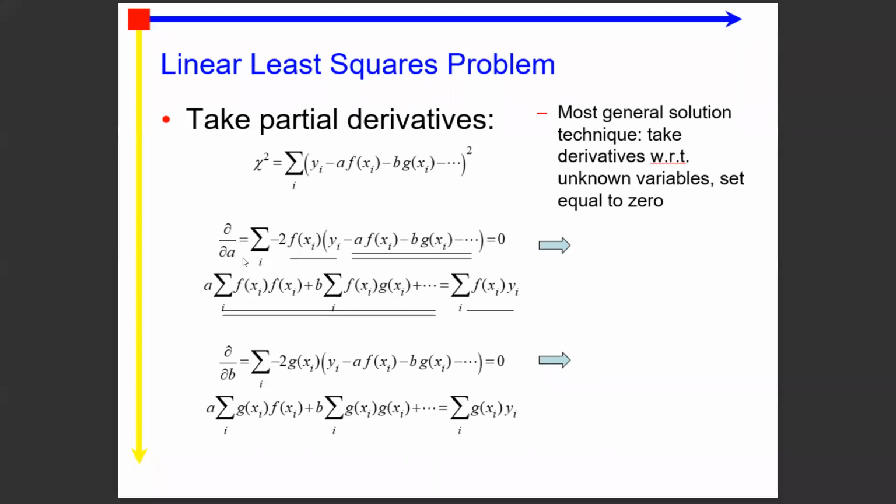This is why we take the partial derivative in terms of these coefficients a, b, etc., and it's equal to 0. So if you take the partial derivative, this is what it becomes. The derivation of these square brackets to the power of 2, from high school maths you remember, is just taking the derivative with respect to what's in the brackets in terms of whatever a is, and this happens to be this scalar-looking factor here.